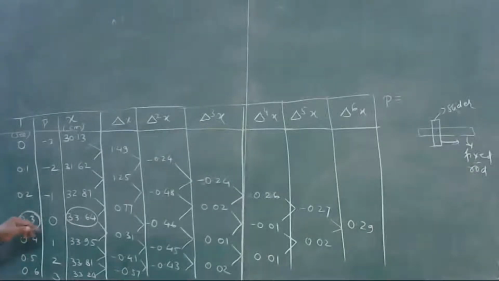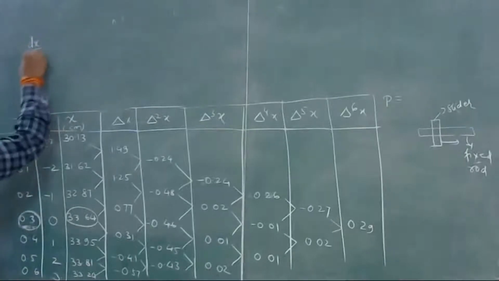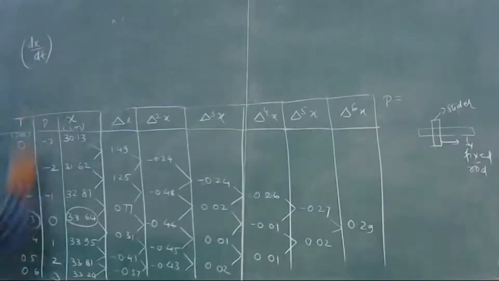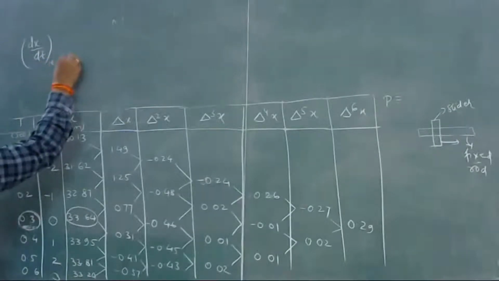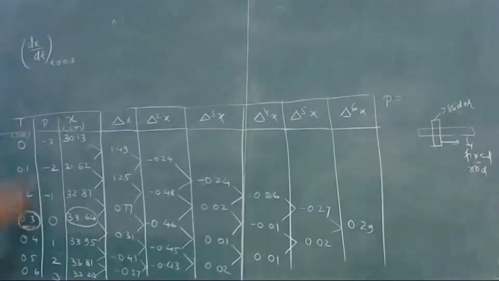Because we have to find the value of derivative, that is dx by dt at the middle of the table. Okay. So you should know where we have to apply this Stirling's formula. Okay. So here we have to find the value of dx by dt at t is equal to 0.3. So this is in the middle of the table. So we are using Stirling's formula.